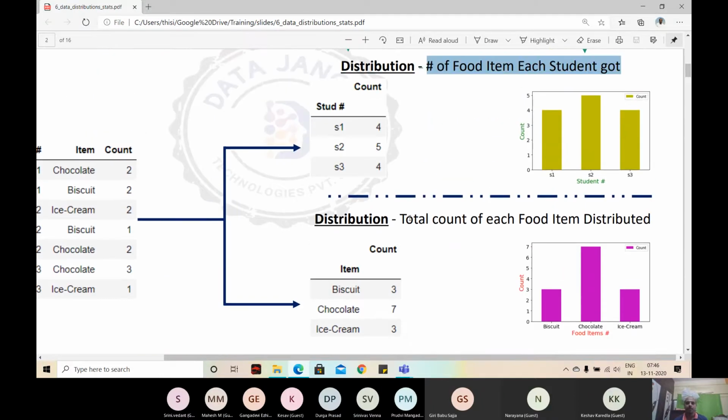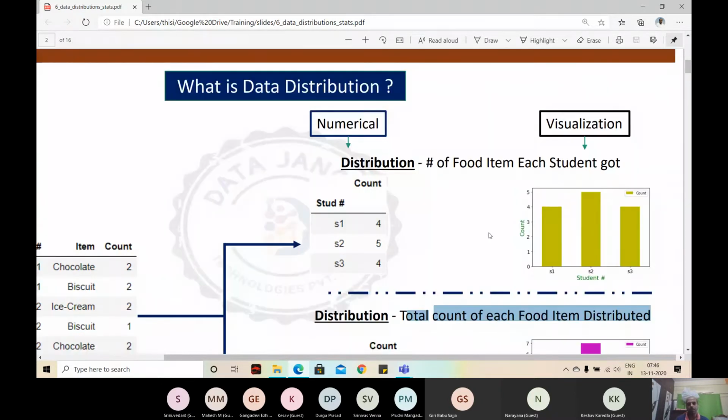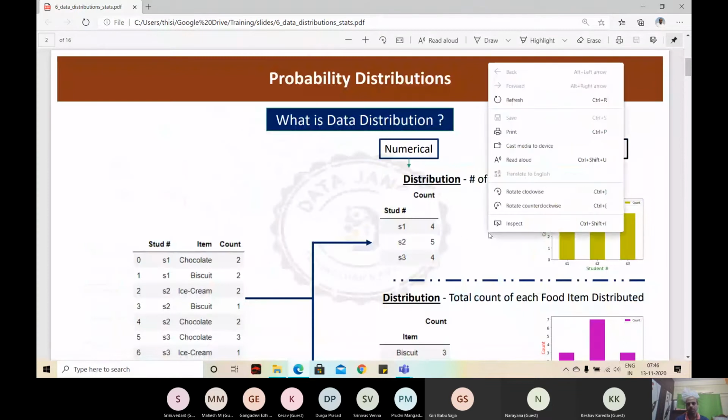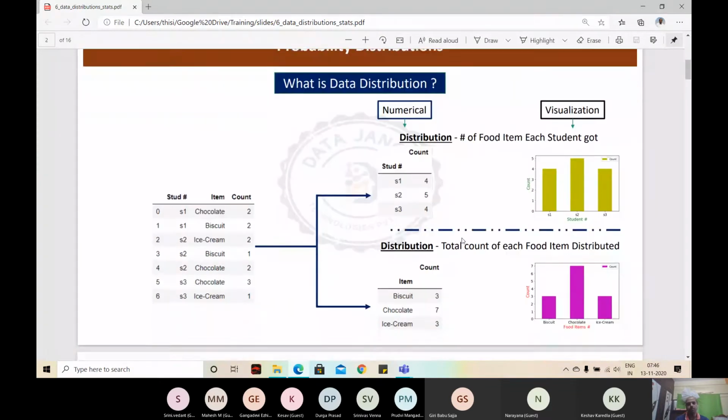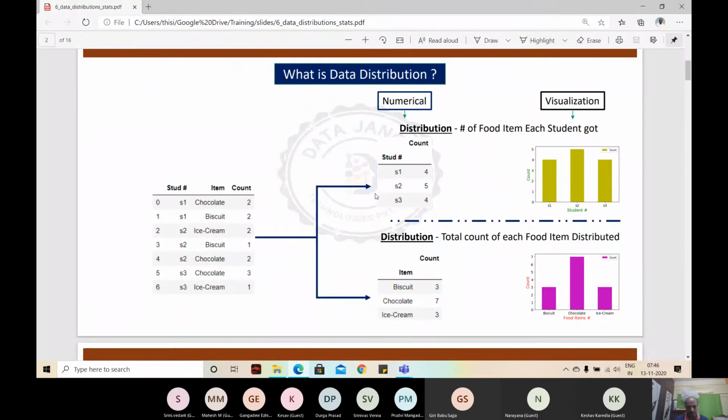Then the count of each food item distributed: chocolates, biscuits, and ice creams. This graph shows the total count of each item distributed: biscuits how many, chocolates how many, ice creams how many. We can look at the distribution numerically and visually both. This part is all numerical. This part is all visual.